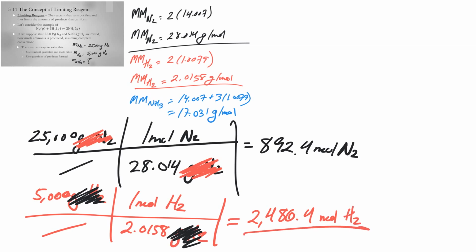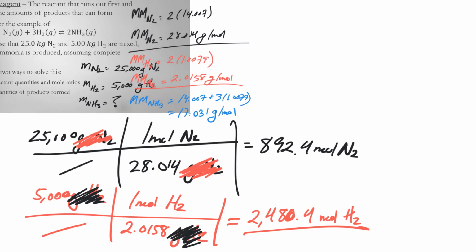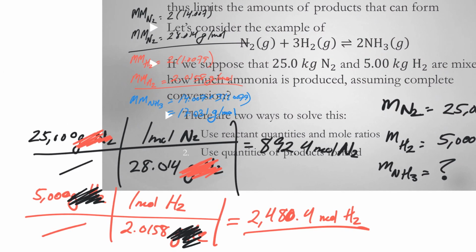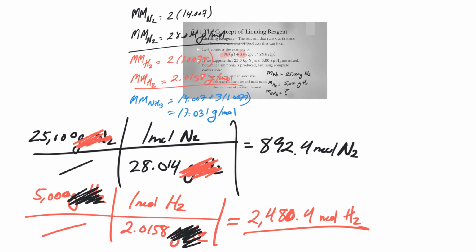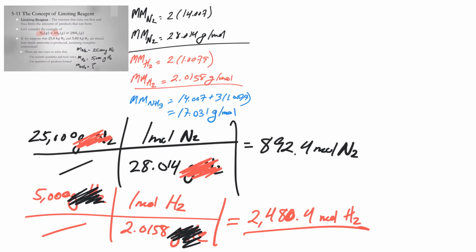So you have a heck of a lot more moles of hydrogen than we have nitrogen. But if we look at the balanced equation, we need 3 times as much hydrogen as we need nitrogen. Do we have 3 times as much? I don't know. So this is all under the first step.